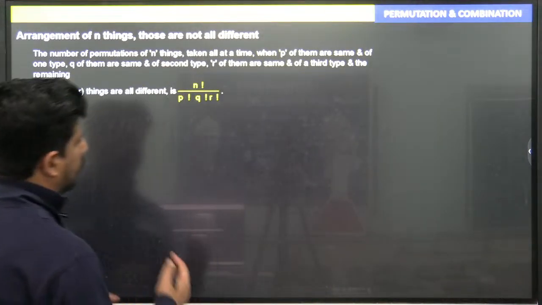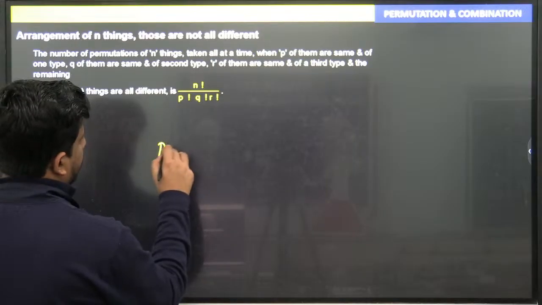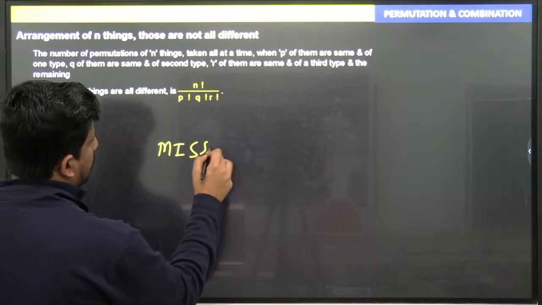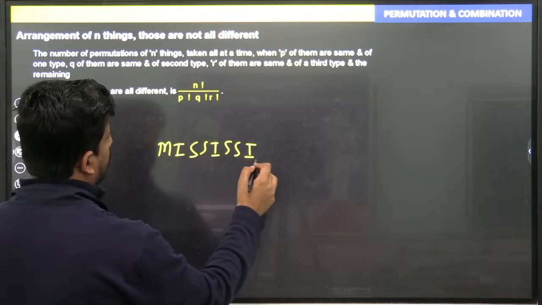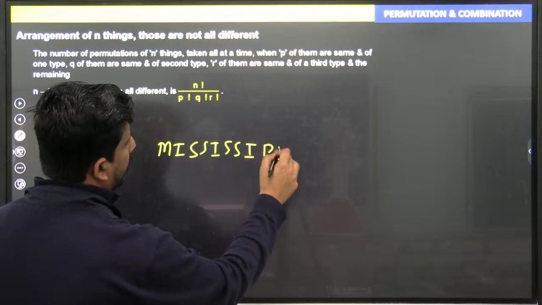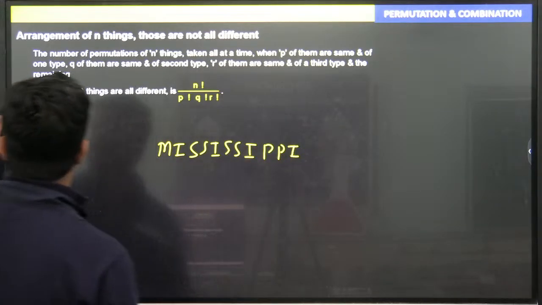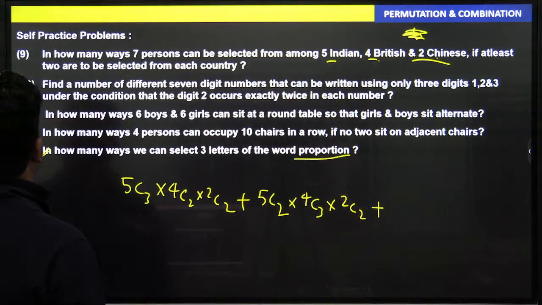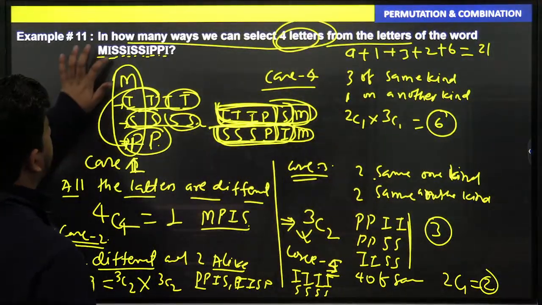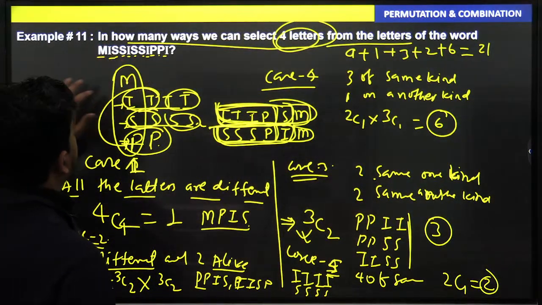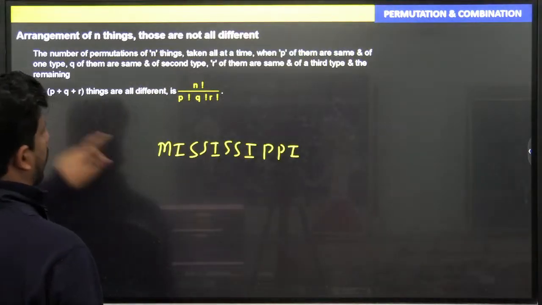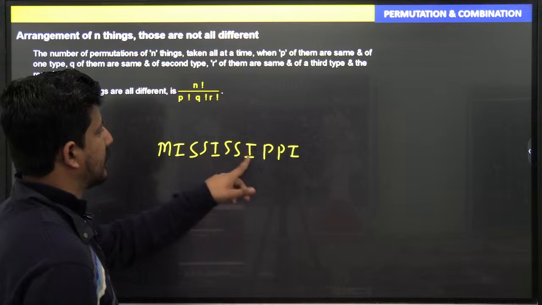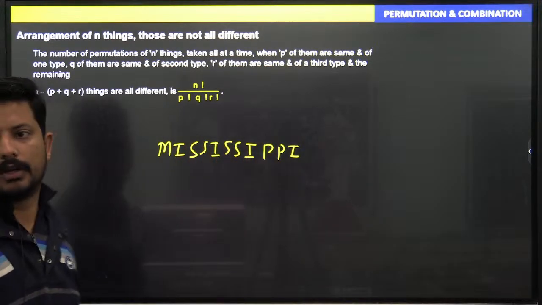So if somebody asks you about Mississippi, this word comes, Mississippi: M-I-S-S-I-S-S-I-P-P-I.